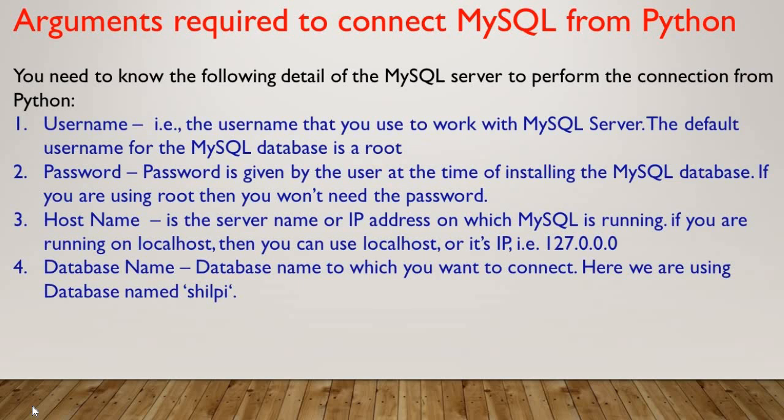The next thing is the host name. Host name can be localhost. Localhost means the computer or system which you are using, from where Python will access the data. So if it is your PC or your laptop from where Python is going to access the database, in that case you will use host name as localhost.